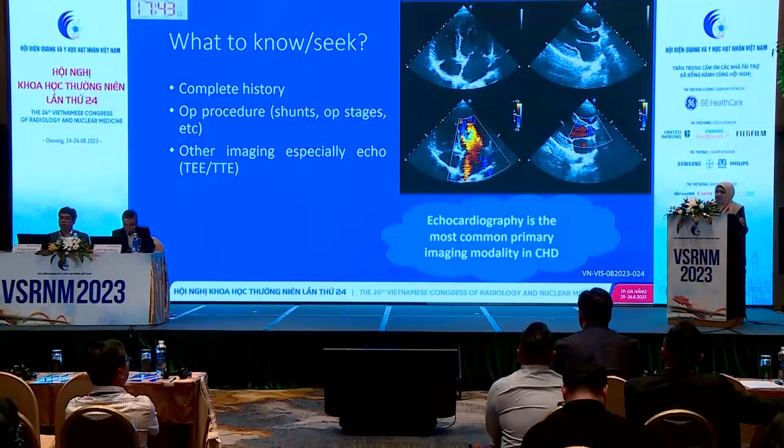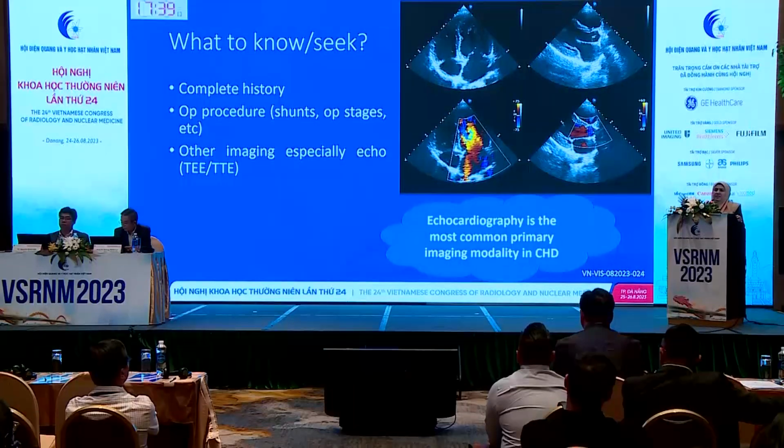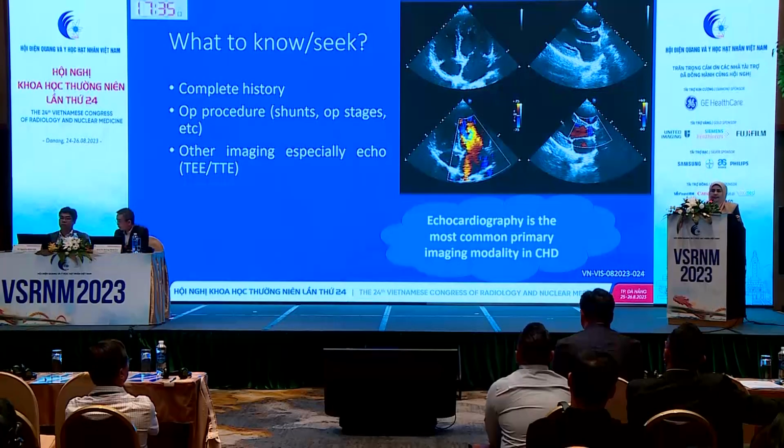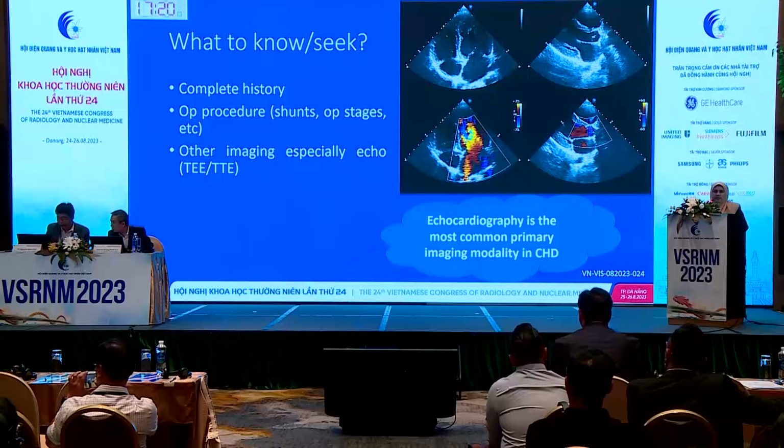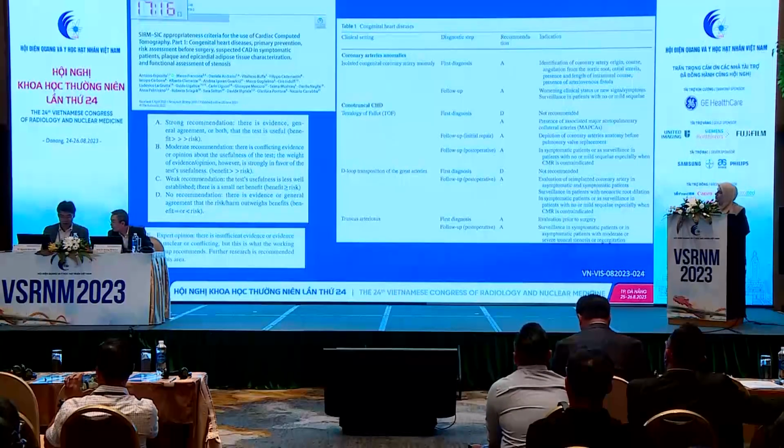This is important because sometimes as radiologists we may not be interested in looking at the echo, but for those doing congenital heart, you should have some idea about what the pediatric cardiologists are talking about. Echocardiography is the most common primary imaging modality in congenital heart, so that is what we have to be aware of.